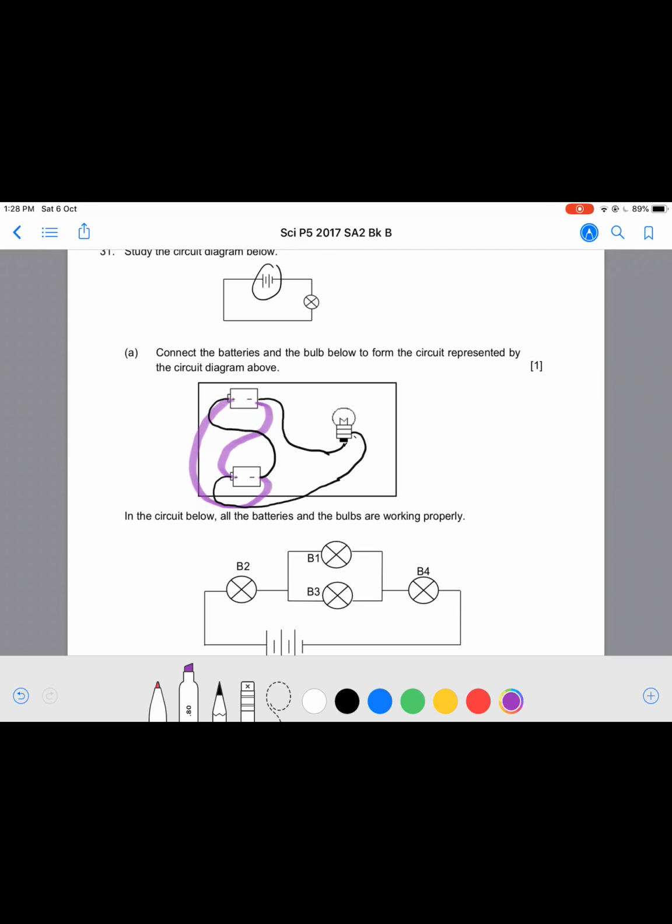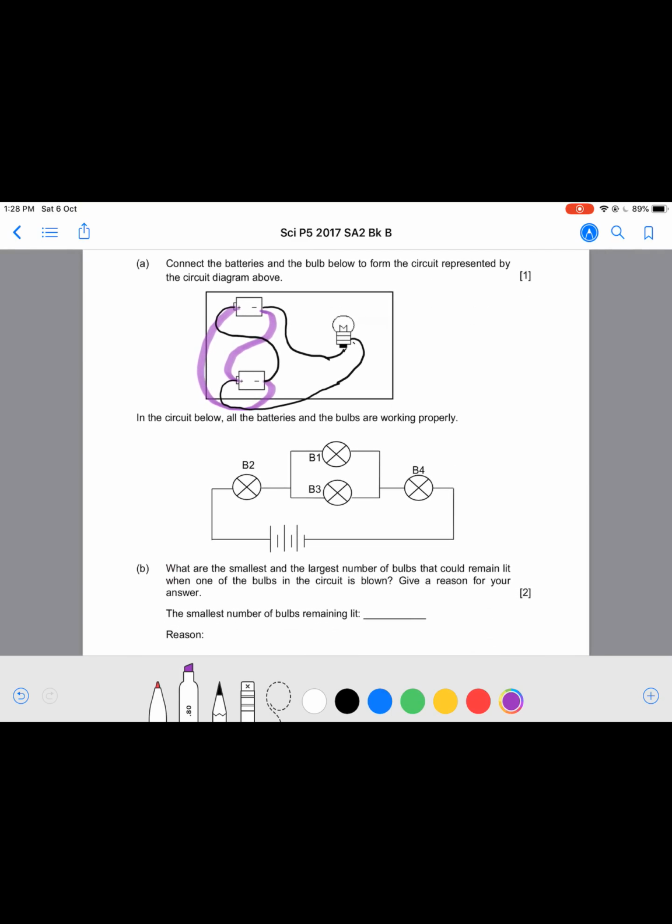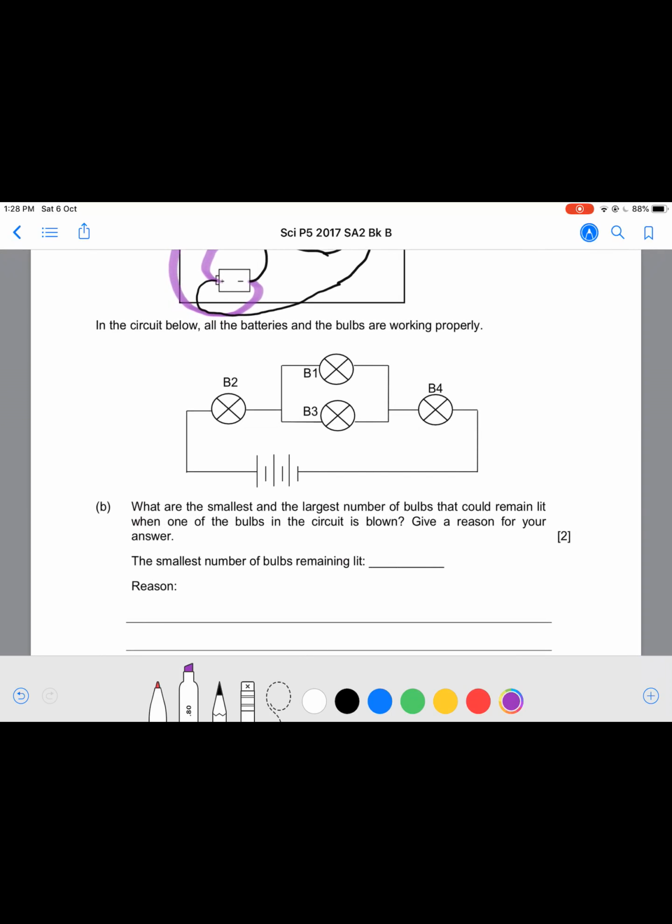Okay? Alright, question 31B. What are the smallest and the largest number of bulbs that will light up when one of the bulbs is blown? Okay, so the smallest number actually would be 0.